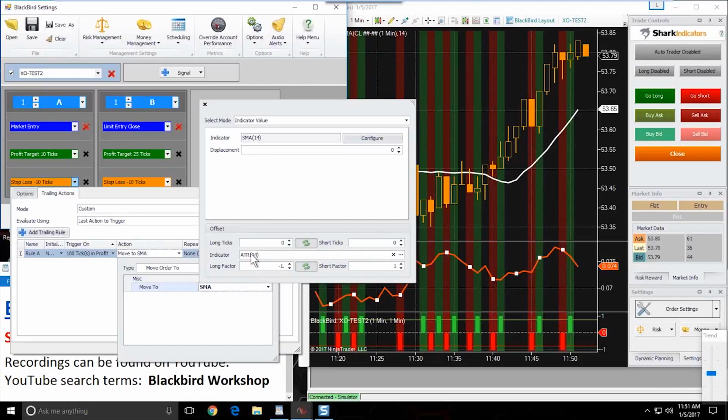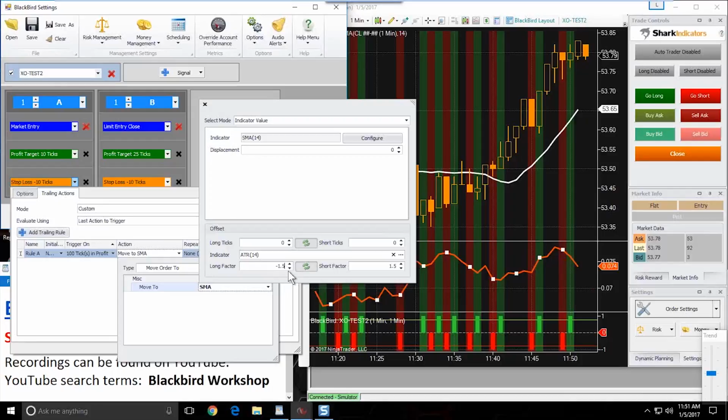So that's what this offset would do. With this offset, you can take the value of an indicator and subtract it from the main indicator as an offset. So we're taking the SMA 14 and then setting an offset of the ATR. Of course, you can modify this long factor if you want. You could go like 1.5, something like that.